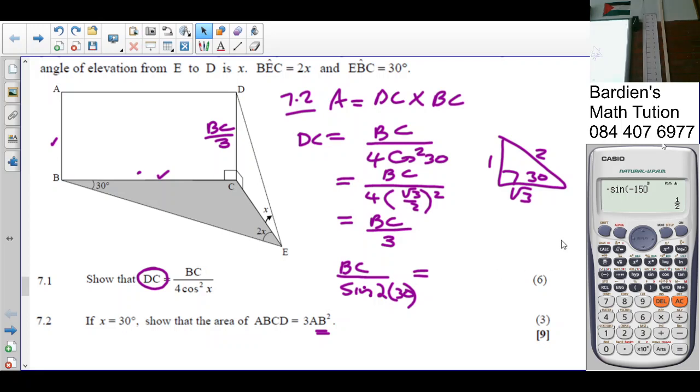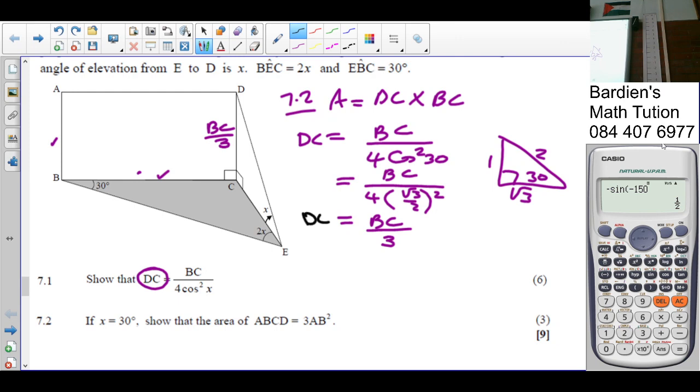Okay, so this is going to be unnecessary. We know that DC is going to be BC over 3, so what I do is cross multiply, therefore BC is going to be 3DC. So there I got BC.